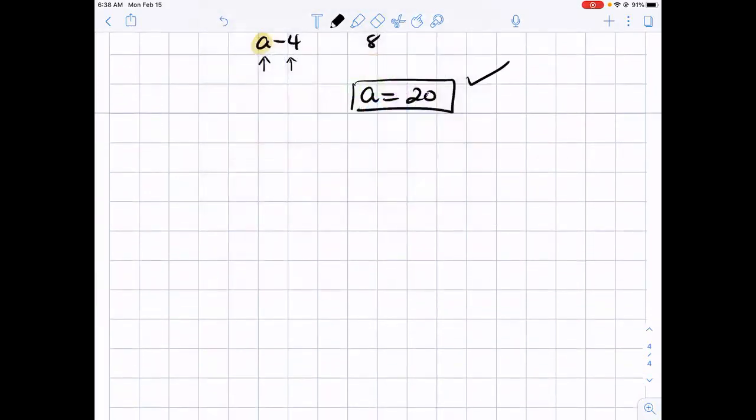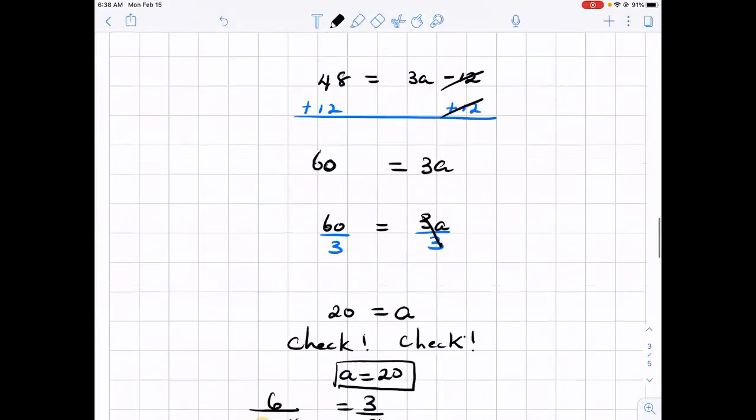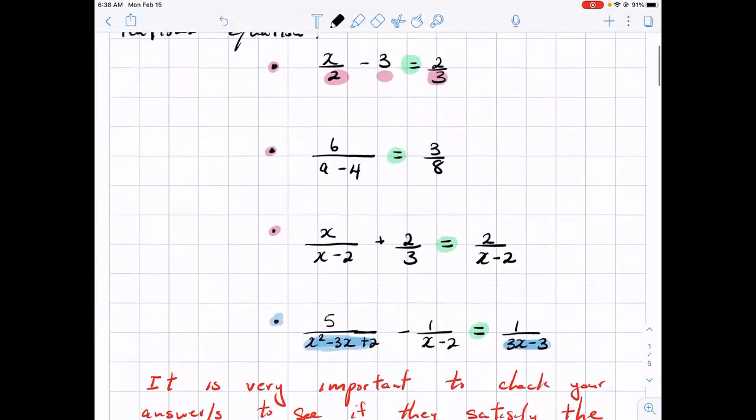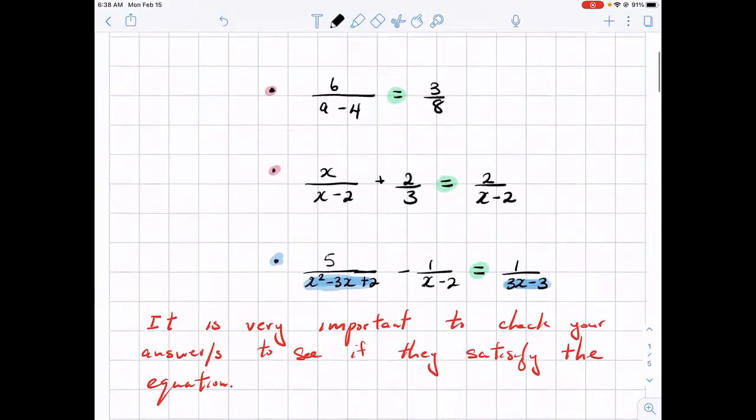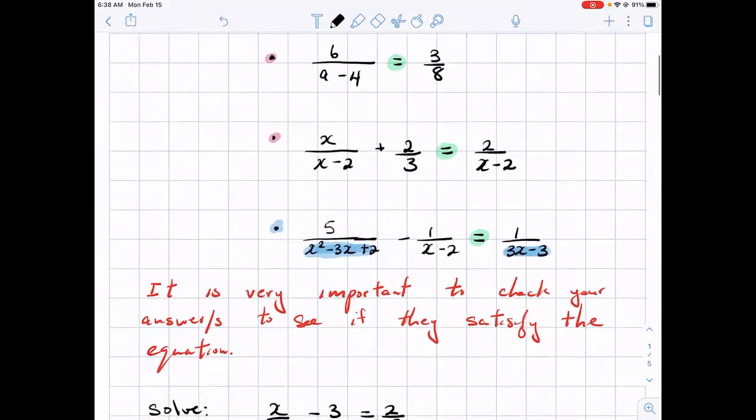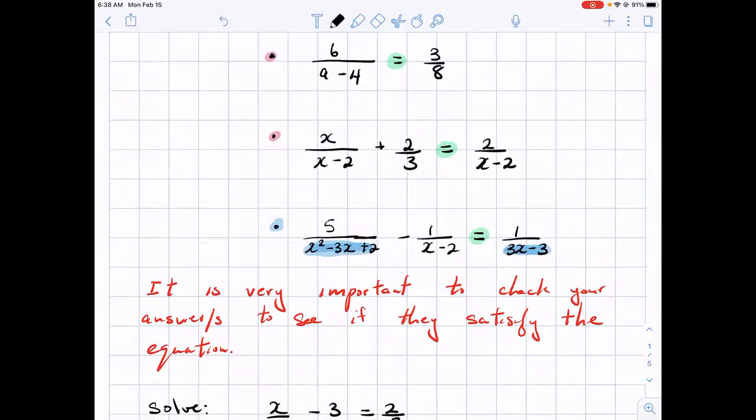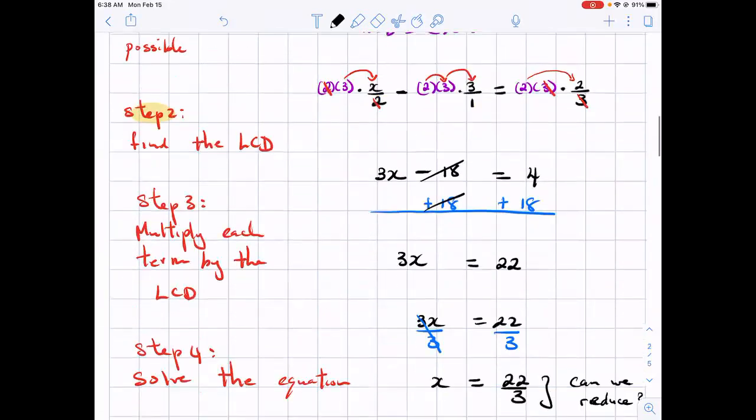Let's look at the other example I wrote when I started, and that was x over x minus 2 plus 2 over 3 is equal to 2 over x minus 2. So let's look at that.